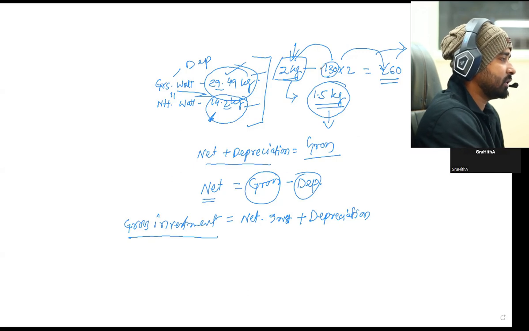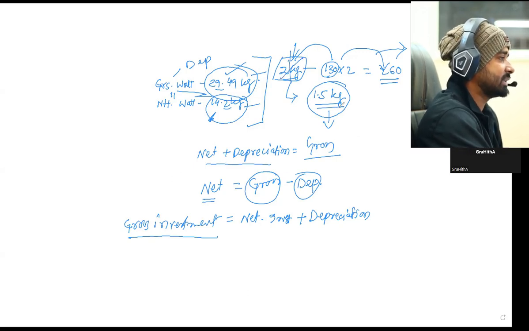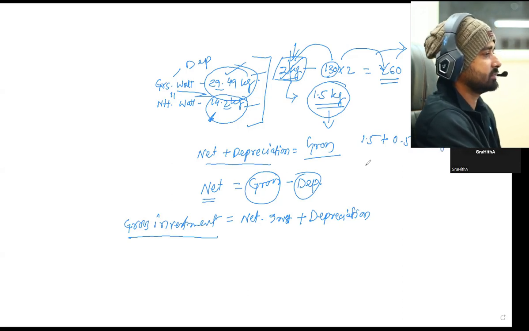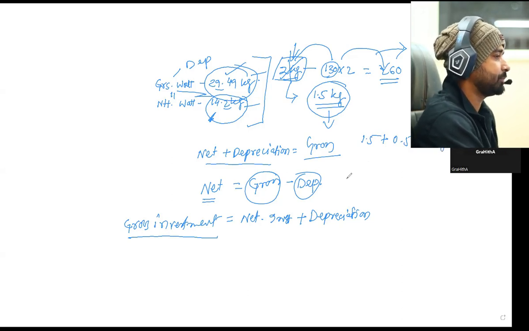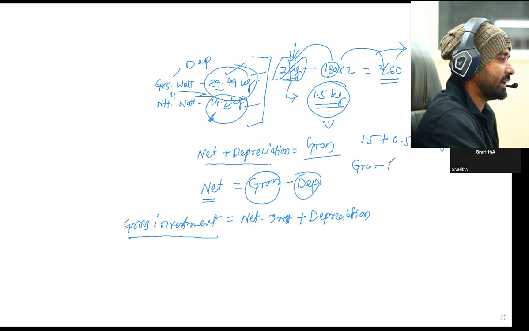So if the gross weight is not given and you are given only the net weight and depreciation, then by adding them you can easily get the gross weight. You understood the concept? Yes. Or else, when the gross weight and depreciation are given, gross weight minus depreciation gives the net weight.